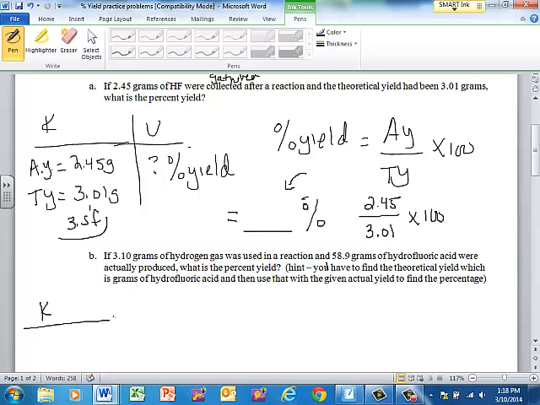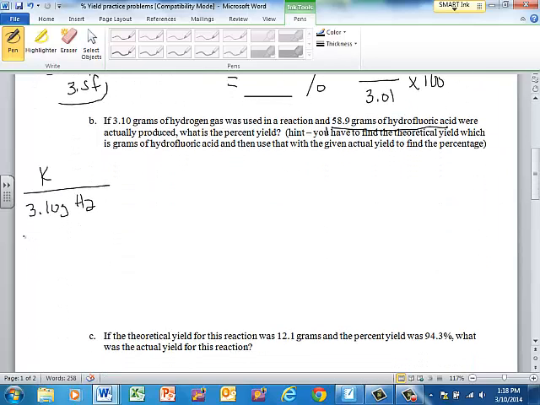All right. Now, if we look at letter B, this time we're starting with 3.10 grams of hydrogen, which is H2. It says in a reaction, 58.9 grams of hydrofluoric acid were actually produced.